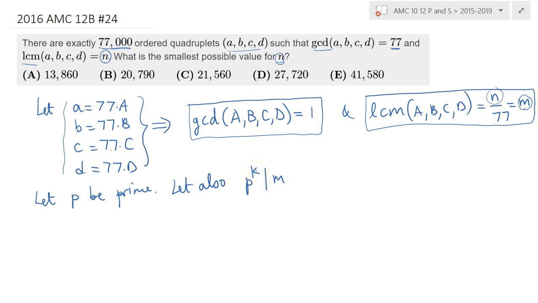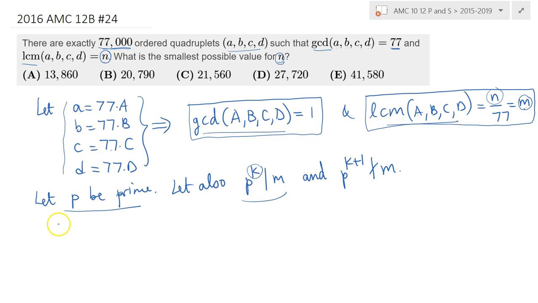Let k be the largest power of this prime p that divides m. So how do I know it's the largest? Because if I look at p to the k plus 1, that won't divide m. That makes sense. So if that's the case for any given prime p which divides m, and the largest power of that prime that divides m is k, then what can we say about these four numbers? How can we find them?